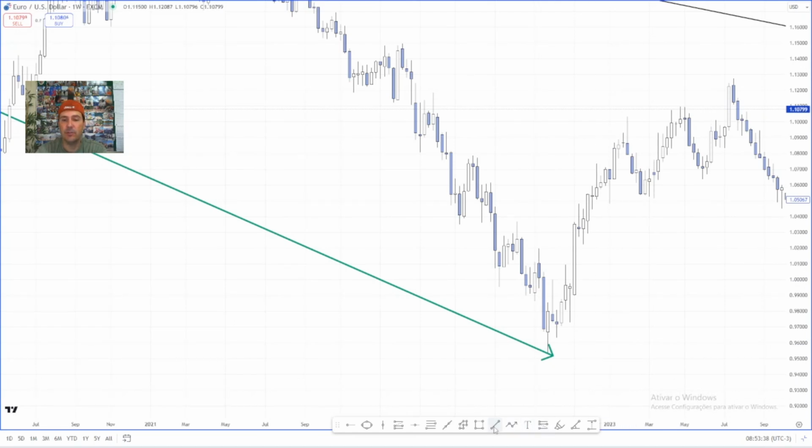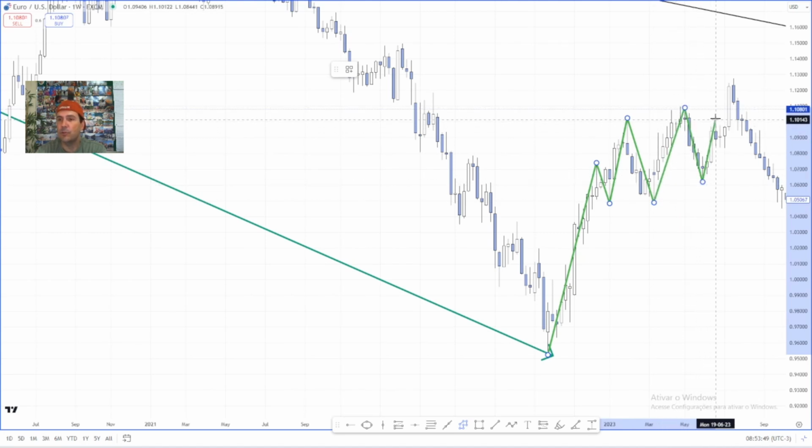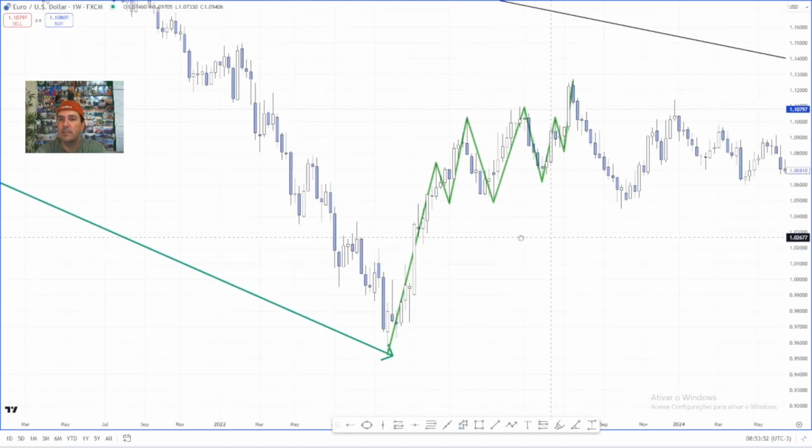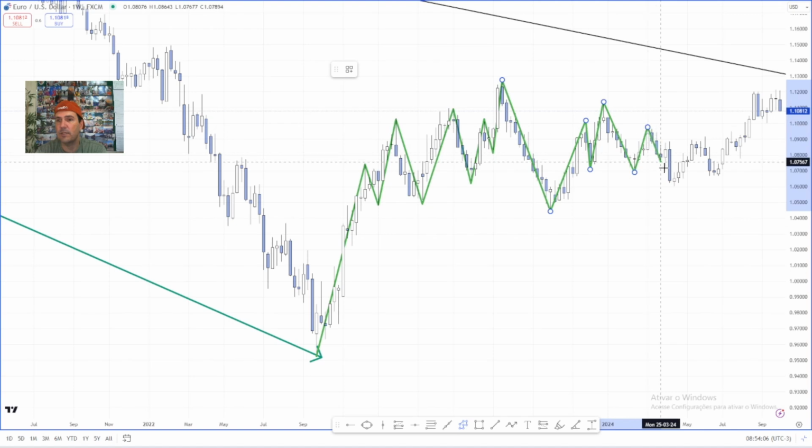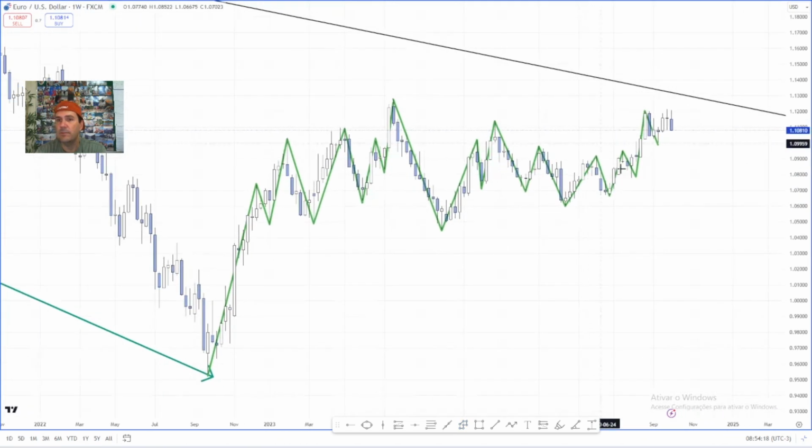So we are going to connect low to high, high to low, low to high, high to low, and so on, swing after swing, and we are here right now.